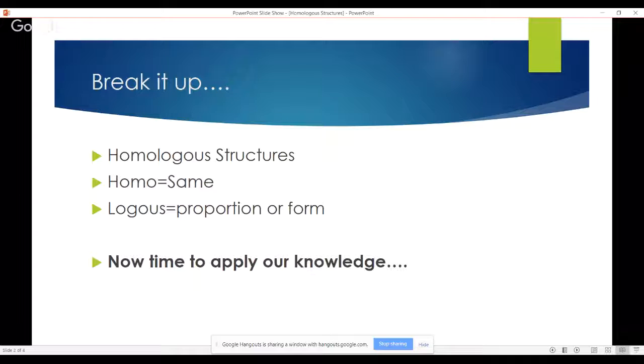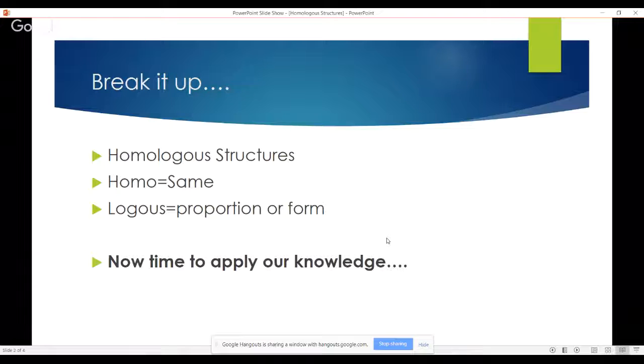So, if they're the same form, and then we have the added adjective structures, except it's really a noun, but it's describing it here, then we know that they're going to be something with the same form, and it's going to be structural. It's not just going to be an idea. It has to be matter.